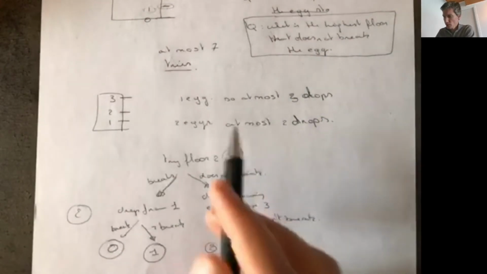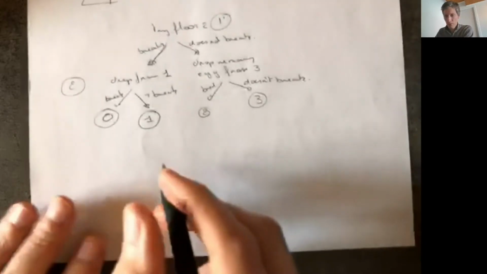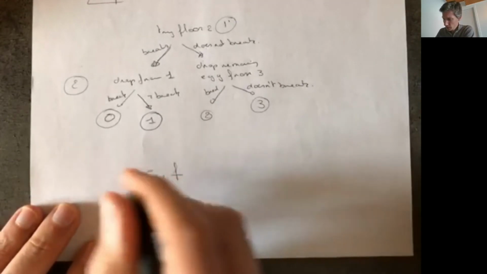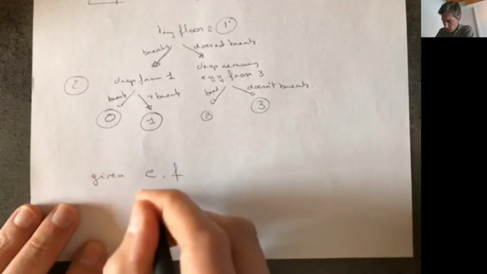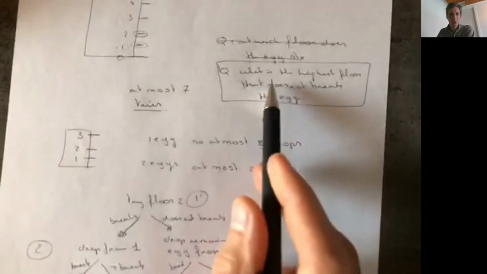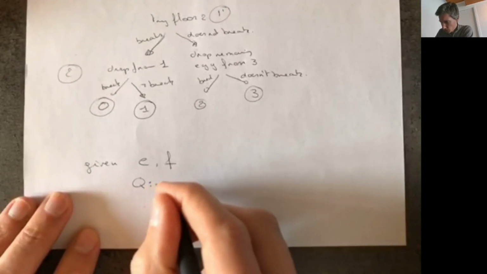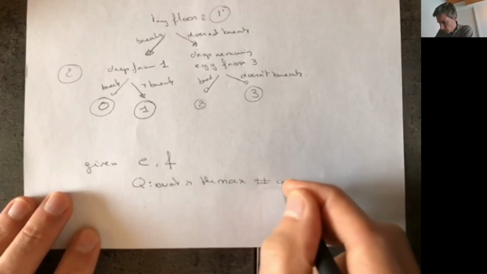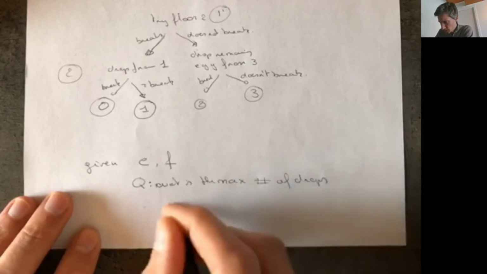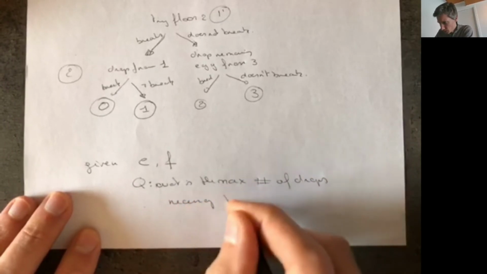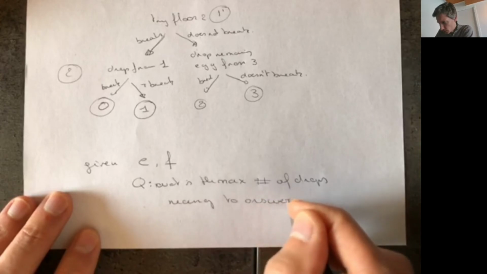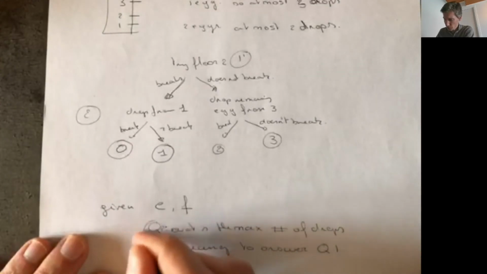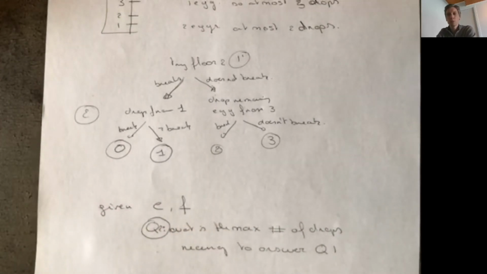Okay, so the question is now more general. Given that I have, let's say, E eggs and F floors, I can look at this question, which is derived from this question. What is the maximum number of drops necessary to answer question number 1? Okay, if this is question number 2, then this is basically the question that I'm going to solve.